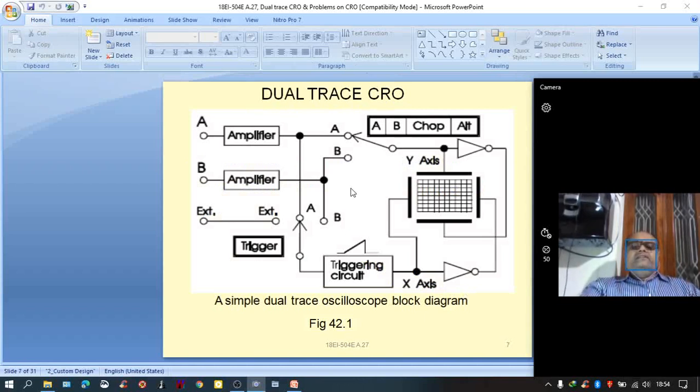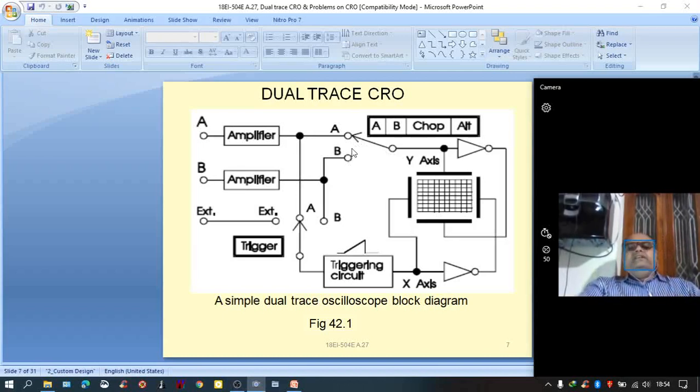The block diagram of a simple dual trace oscilloscope would be like this. It will have two separate amplifiers, amplifier A and amplifier B, to which two separate input signals are applied, and there is a function selector switch for the vertical amplifier outputs.